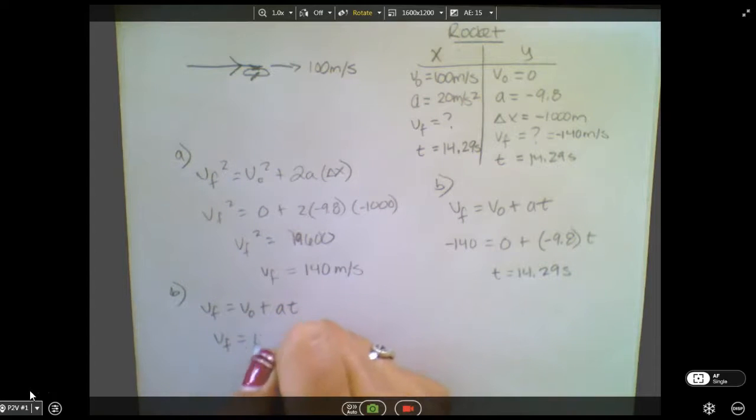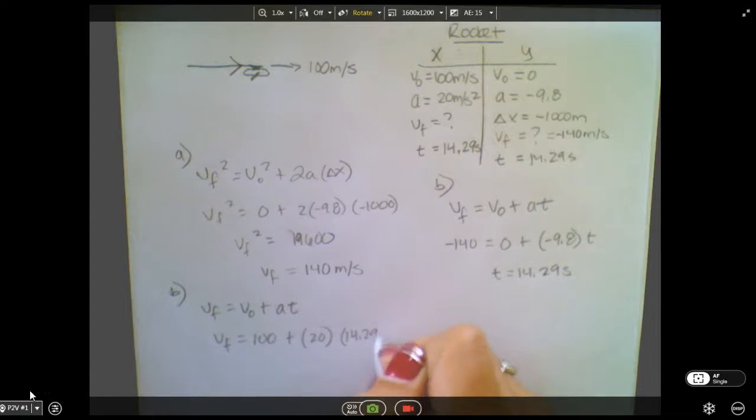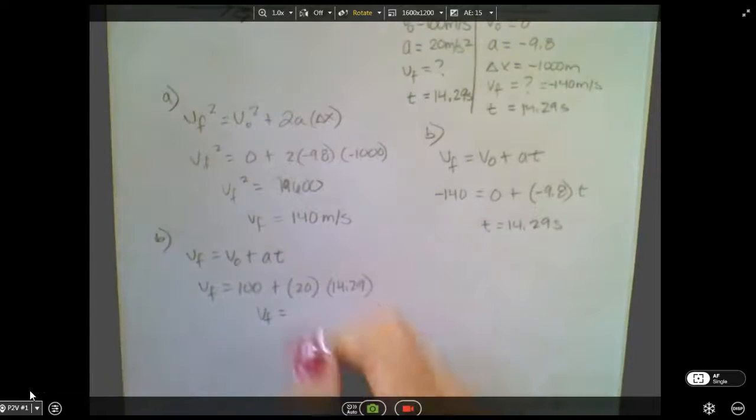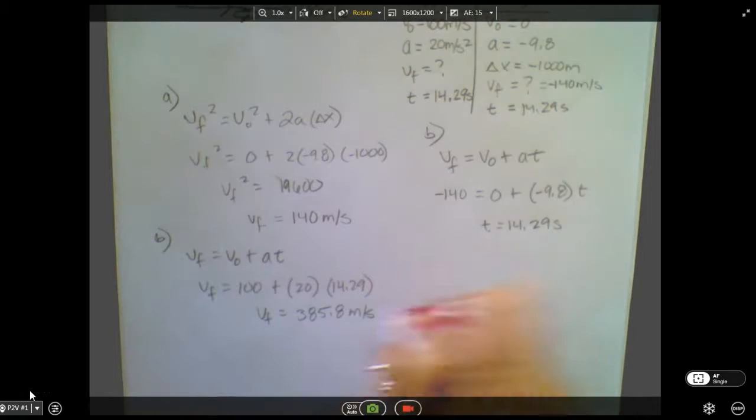V naught was 100. Acceleration is 20. And time is 14.29. So if I do that math, I end up with VF equals 385.8 meters per second for the final velocity in the x direction.